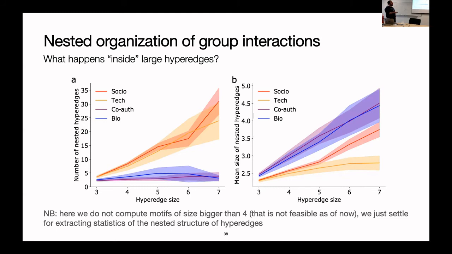And when considering the mean size of nested hyperedges, we tend to have a growing trend, but it grows much faster in co-authorship and biological data, while it grows slower in the social and technological data. This means that in the co-authorship and biological domains, we have a lower number of nested interactions, but they tend to be of bigger size.